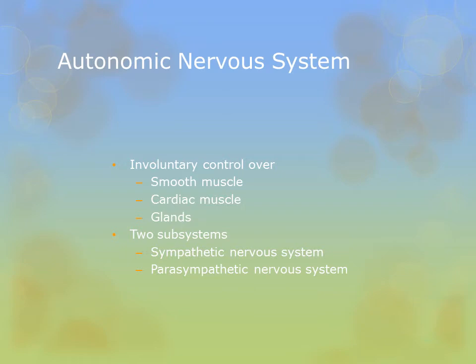So almost all of the organs and glands receive nerves from both branches or both subsystems of the autonomic nervous system. So the SNS or sympathetic nervous system and the PSNS or parasympathetic nervous system work as a team, and when one is in control, then the other is on standby. So they work in tandem, but typically they're not both evident at the same time.